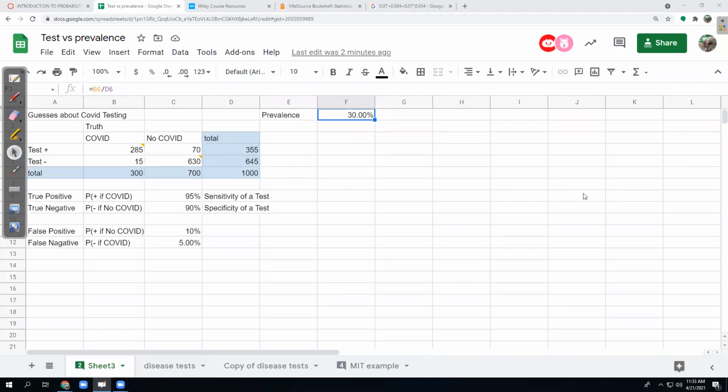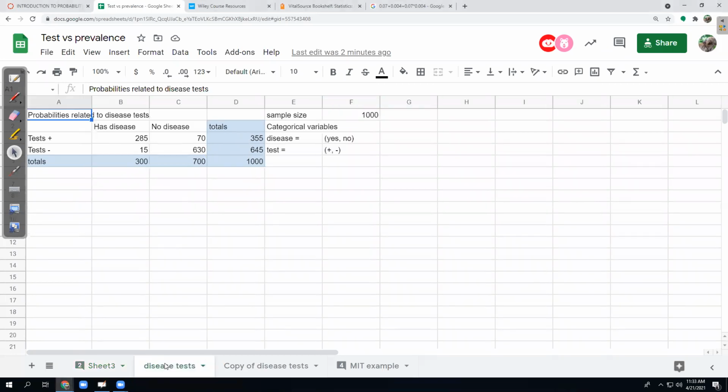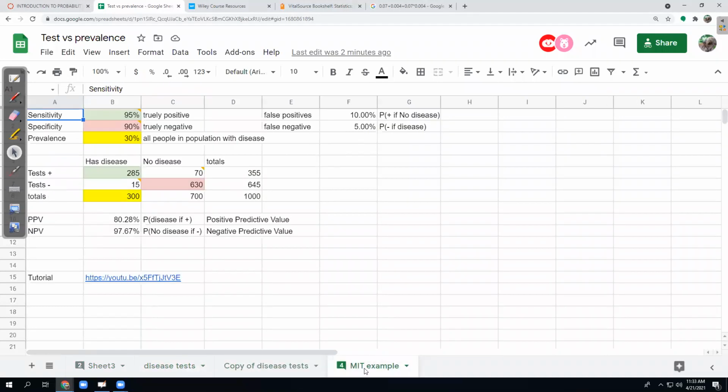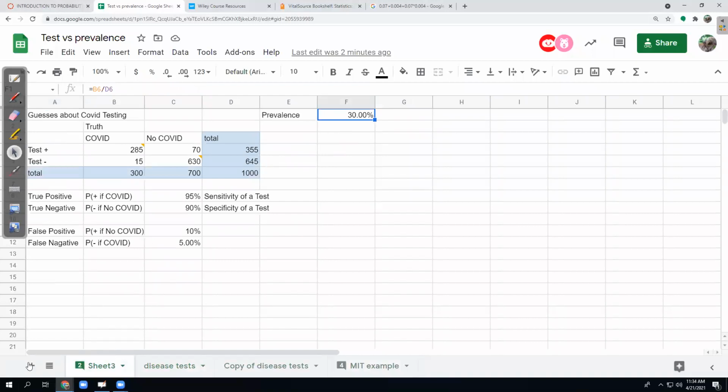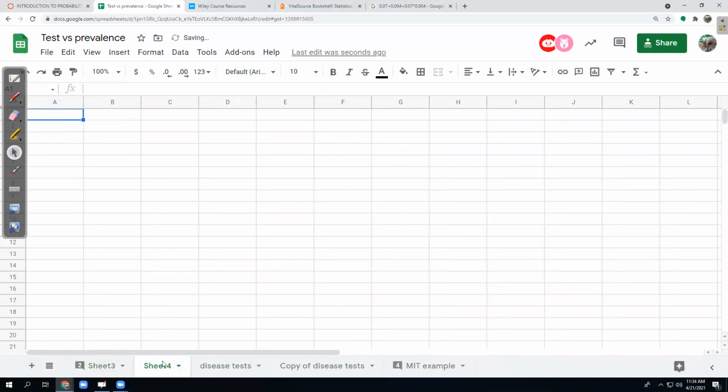So to do that, let's see, is the next tab ready to go on that? Not that one. That one. And not that one. Okay, we're just going to make a new one then. So let's say this is COVID testing again, so I'll just label at the top, COVID testing.